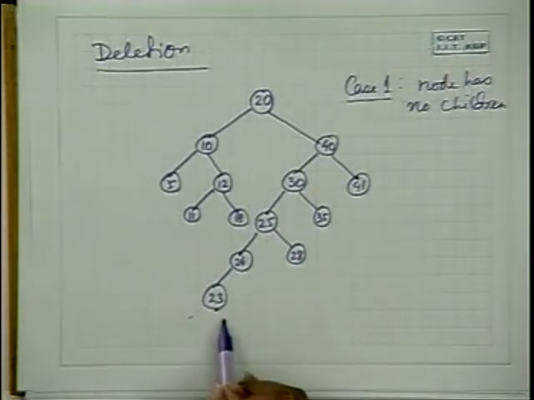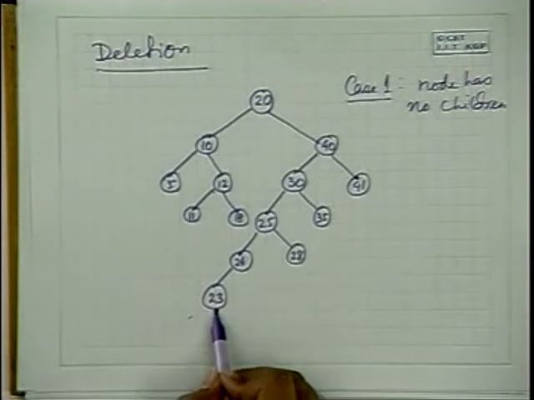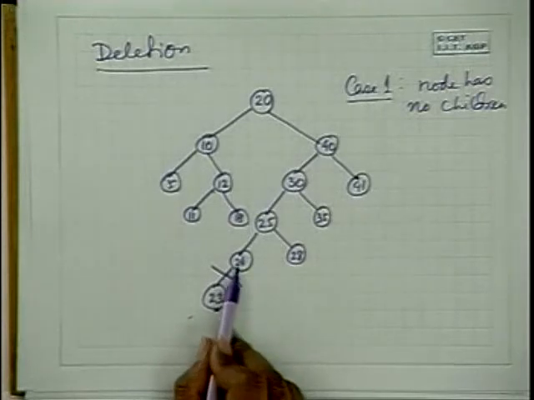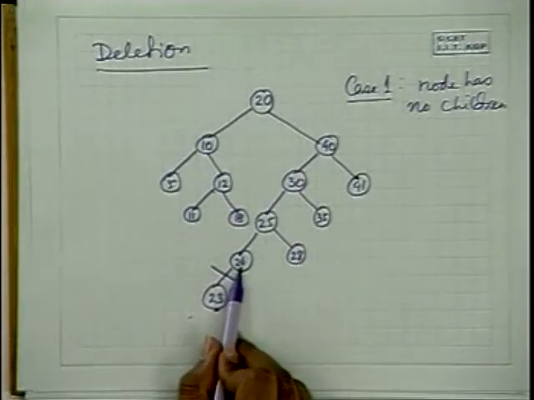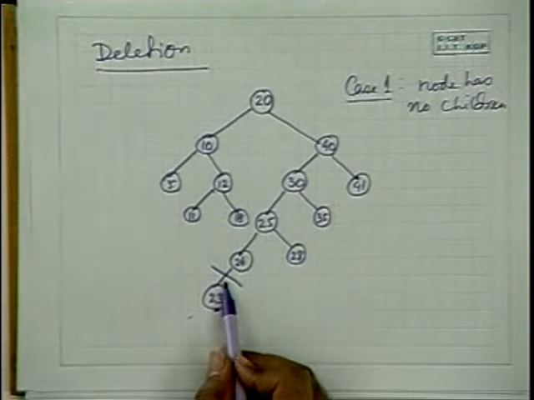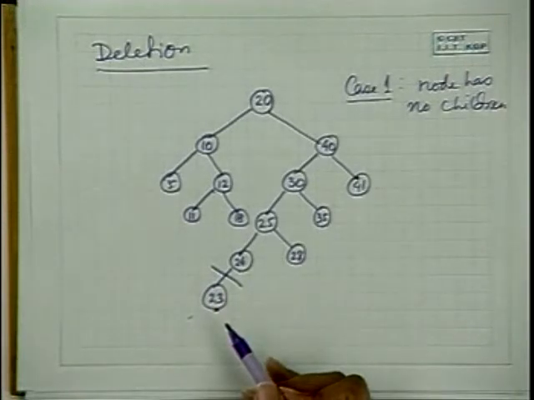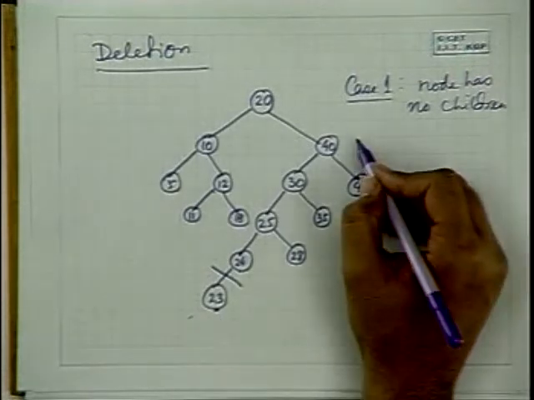Both of its children are empty. If I tell you to delete this node, how would you delete it? Just cut it off from the tree. Basically you say the node containing 24, its left child is to be null. No problem, it's the last node, no children. So this is the easiest case.